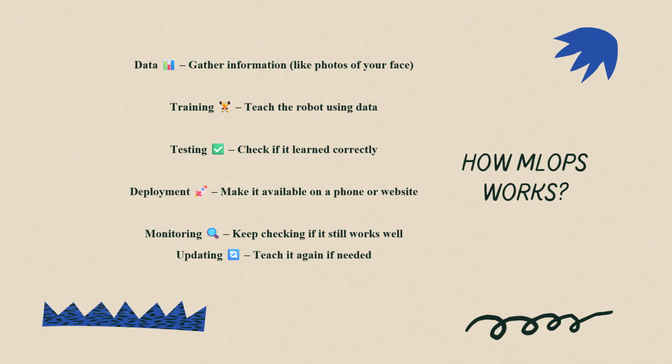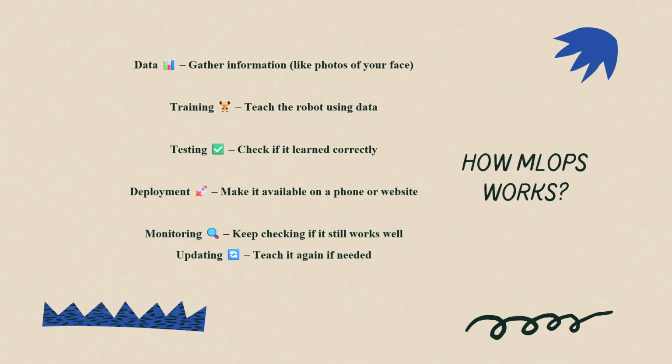We were supposed to build a robot, and that robot has to predict by looking at the face of a person whether he is happy, sad, or sleepy. So in that context, the first step is gathering the information, like photos of the faces. And after gathering all the information, we should train it. We should teach the robot using those data.